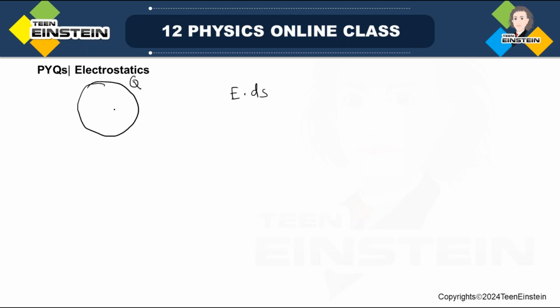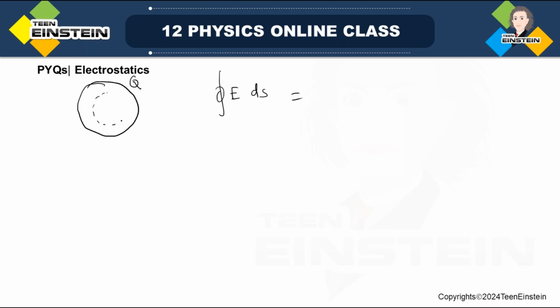Since the electric field is always radially outward, the unit vector for the spherical surface is the same as the direction of the electric field, so we can get rid of the vector sign. So the integral of E ds is equal to the charge enclosed by the Gaussian surface.